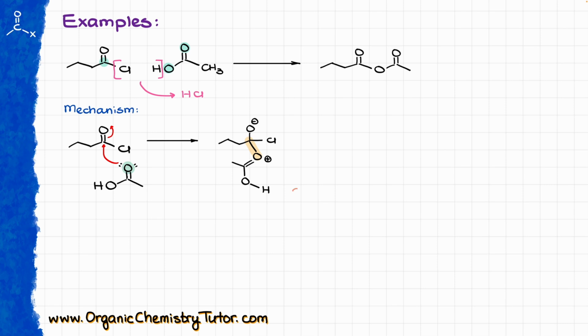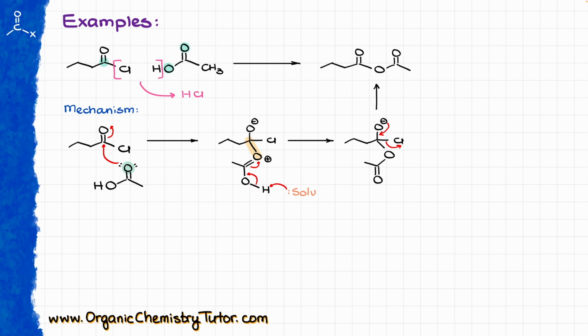So I'm going to say that a molecule of solvent, whatever solvent I'm using here, is going to come in, pull that proton out, and as a result of this electron cascade, I'm going to get the following tetrahedral intermediate, and the last step that is left here for me is to kick my chlorine out, and that will give me my final product right away.